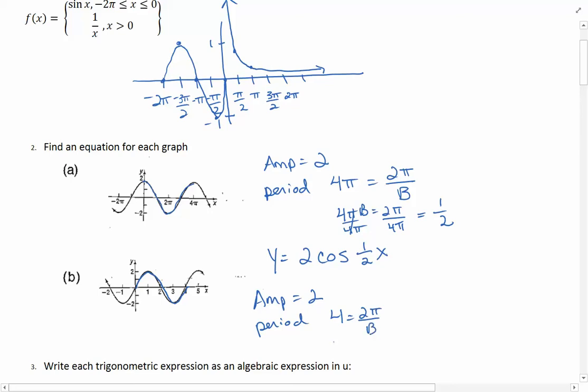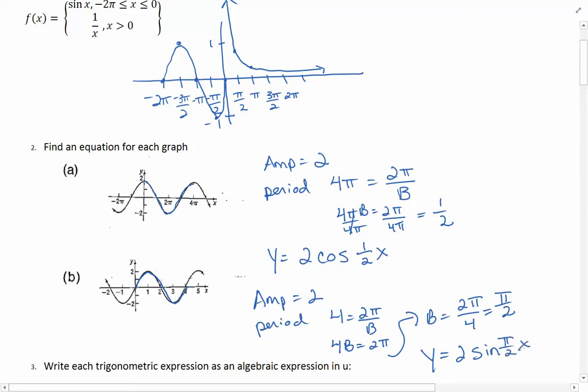So cross multiply, you get 4b is equal to 2 pi. So b is equal to 2 pi divided by 4, or pi over 2. So we would then write our formula as y equals 2 sine pi over 2 x.